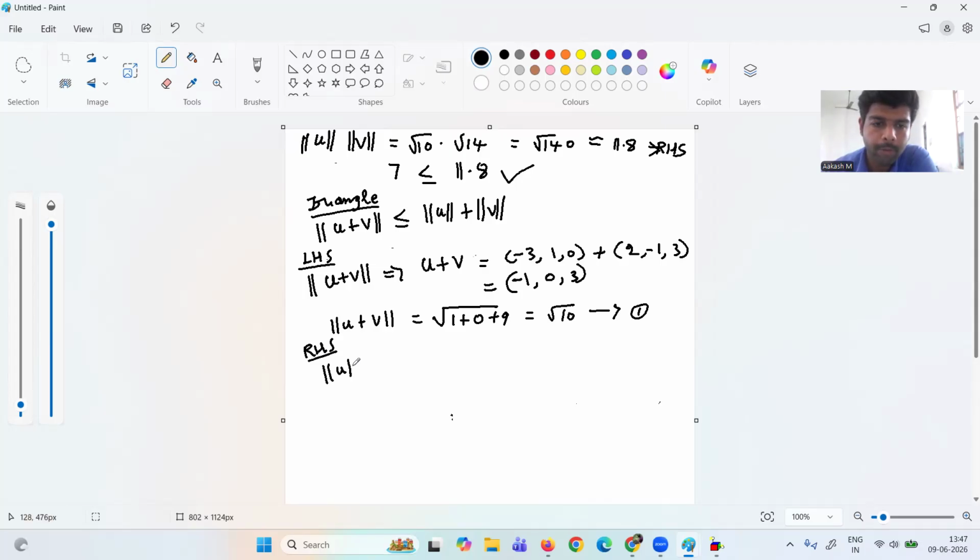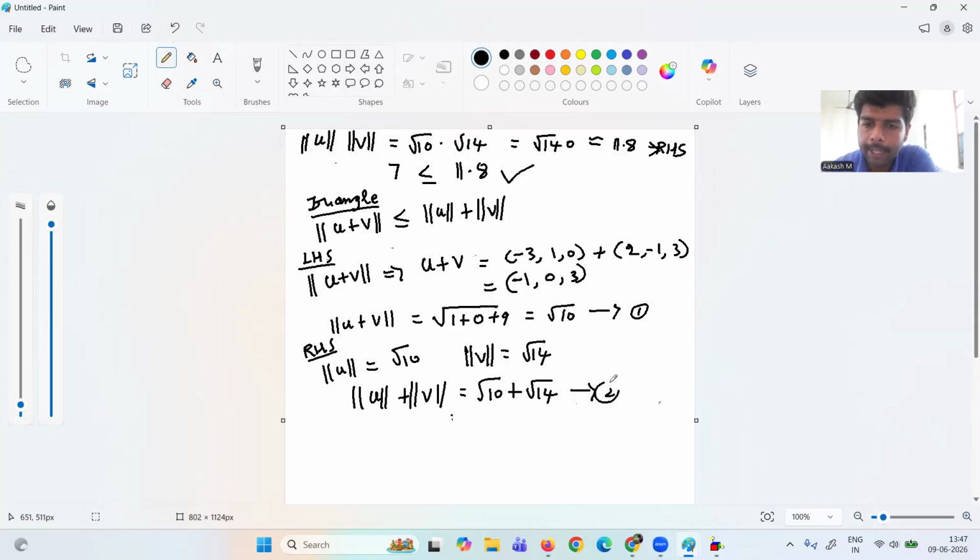Find the norm of u. You have already found from the first part that the norm of u is root 10 and the norm of v is root 14. Now you add both: root 10 plus root 14. This is your RHS.